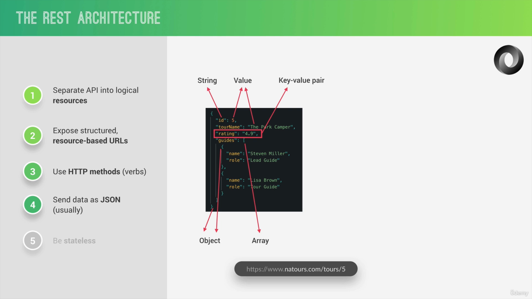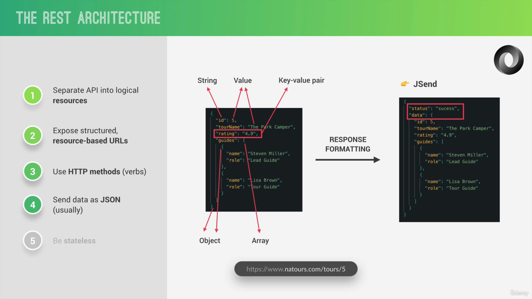Now we could send it back like this to the client, but we usually do some simple response formatting before sending. There are a couple of standards for this, and we're going to use a very simple one called JSend. So we simply create a new object, then add a status message to it in order to inform the client whether the request was a success, fail, or error, and then we put our original data into a new object called data.